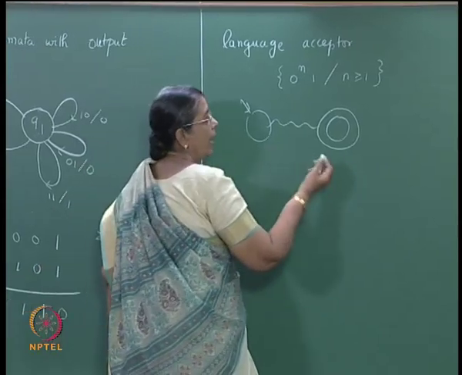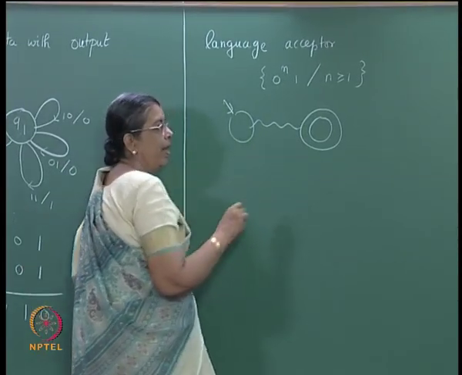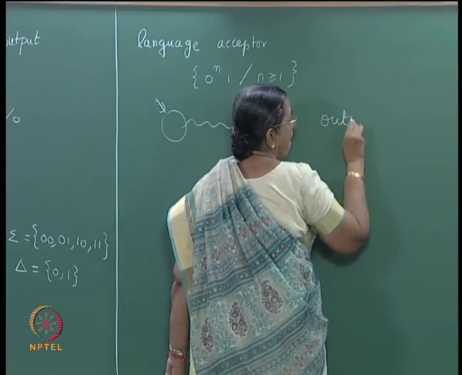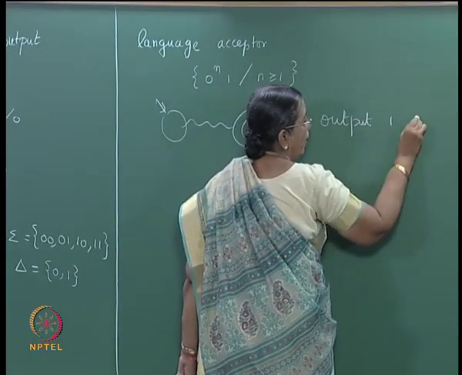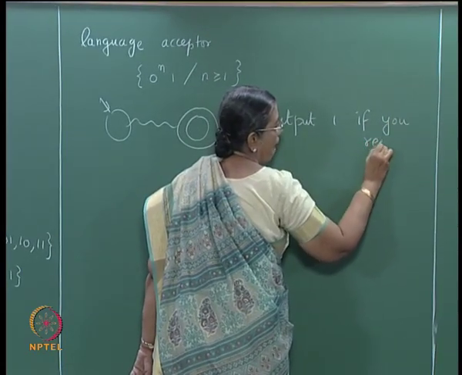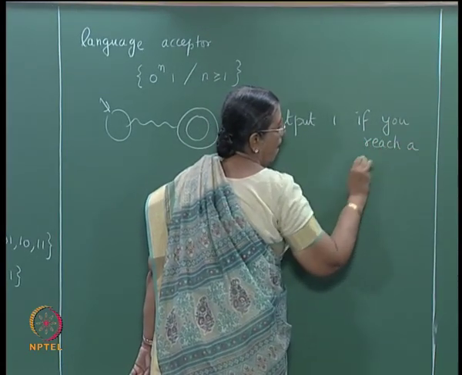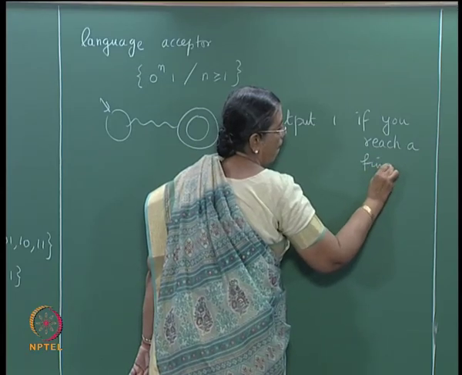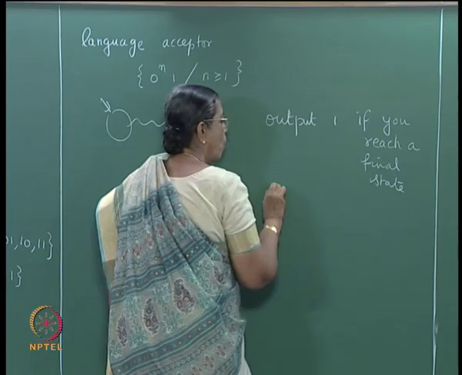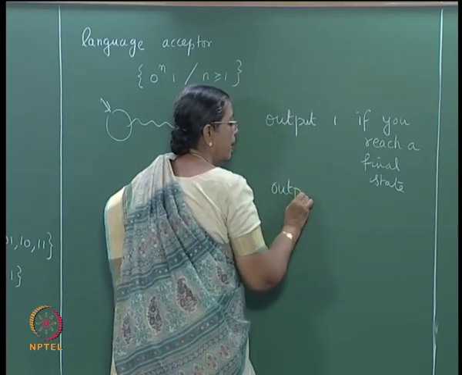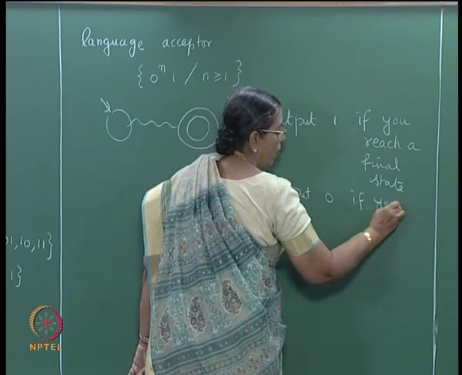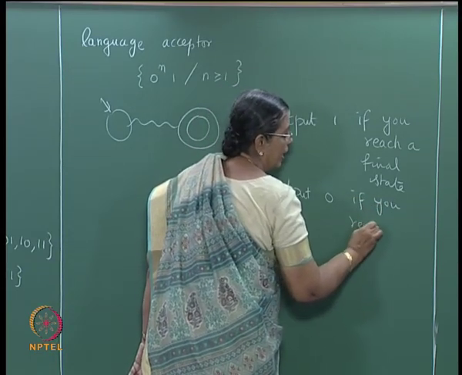You can have a machine where the output will be 1 if you reach a final state, output is 0 if you reach a non-final state.